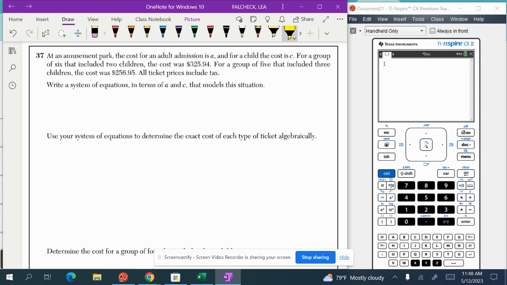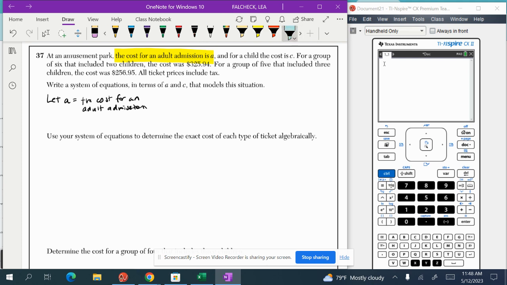Okay. So we are going to let A equal the cost for an adult admission. Okay.